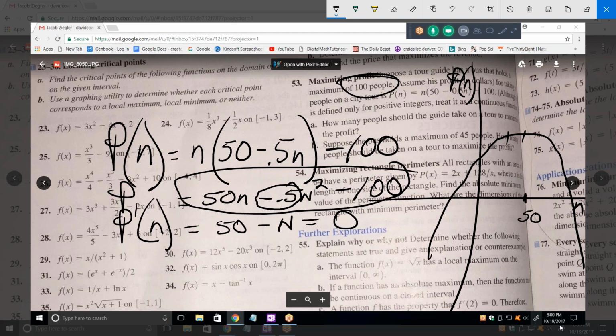And I can see from the graph that all points left and right are less. But if 45 people is the most the bus holds, there's no smaller amount that generates a higher profit from my curve. I can see that. So the answer would have to be 45.